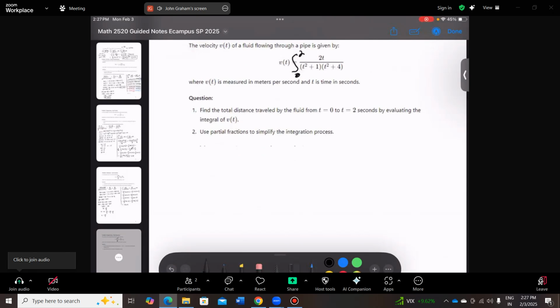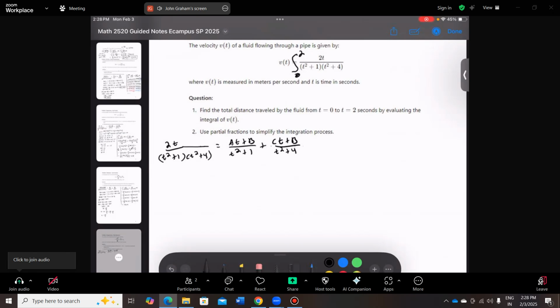So let's write this out. 2t over t squared plus 1, t squared plus 4. And this will be at plus b over t squared plus 1 plus ct plus b over t squared plus 4.